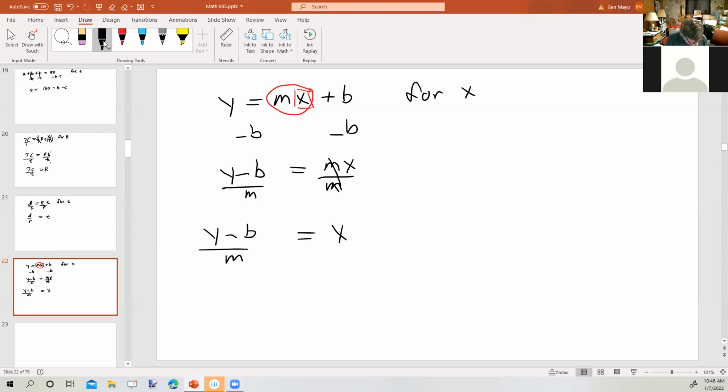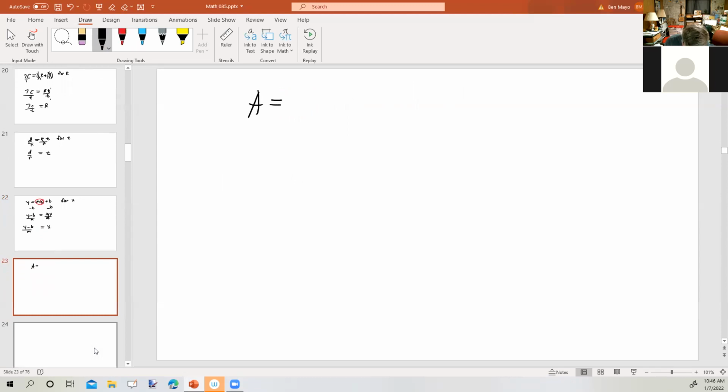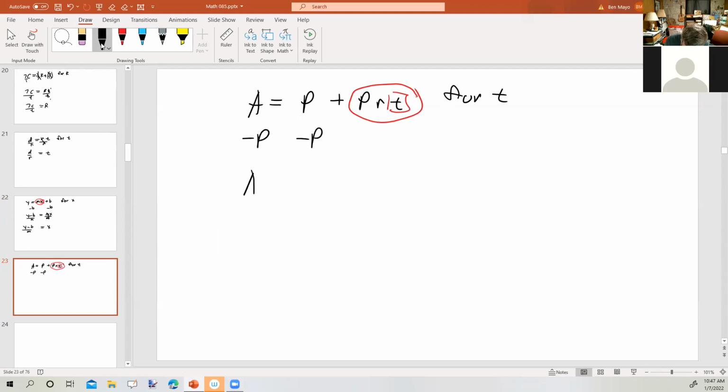Let's see here. A equals P plus PRT. Solve for T. Again, this is the variable. This is the variable term. So first of all, to isolate the variable term, we'll subtract P from both sides.